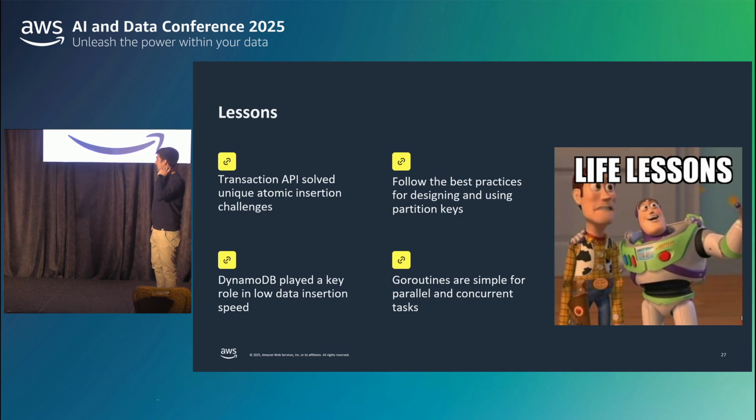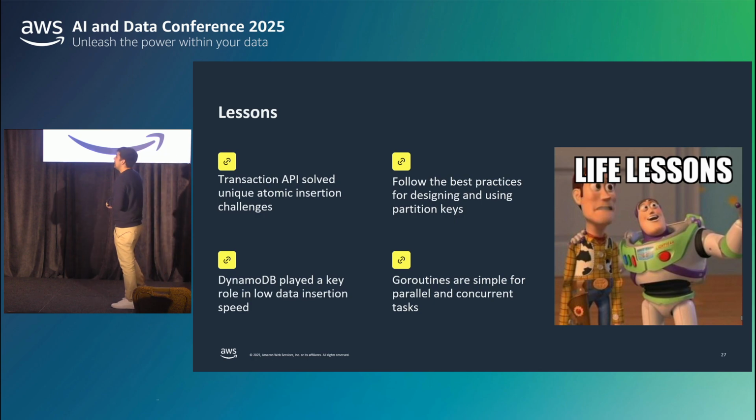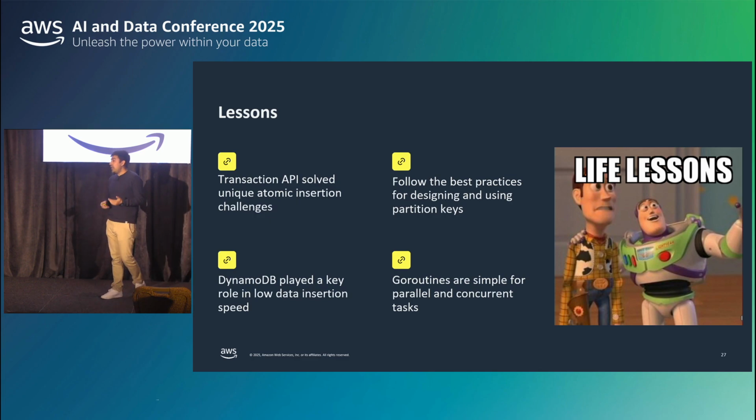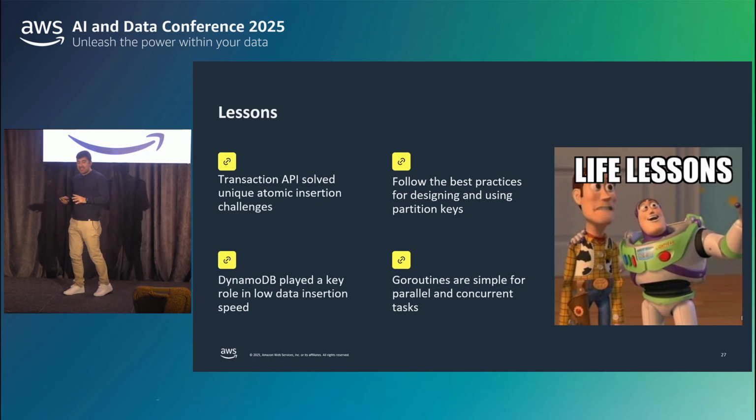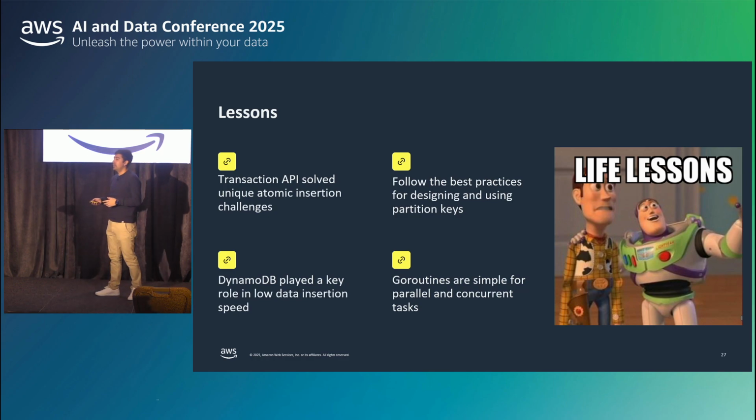The life lessons. Okay, so this is a good idea to take some value from this presentation. The Transaction API, in our case, was better for us because it's an all-or-nothing transaction, so you don't need to worry about retries like you do with the batch items.